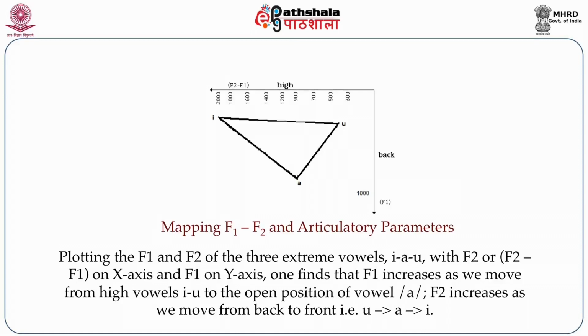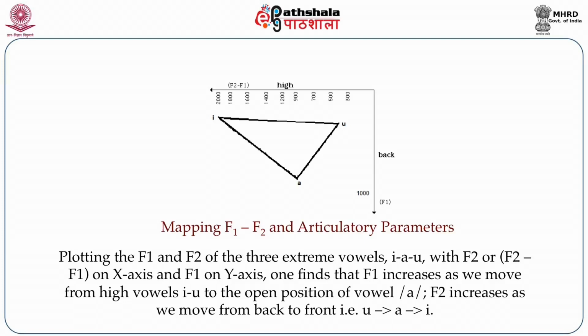So as you can see in this figure, on the y-axis, from the lowest point 0, it is increasing downwards: F1 values. The first formant corresponds to the vowel height. So a more open vowel would mean higher F1 values.